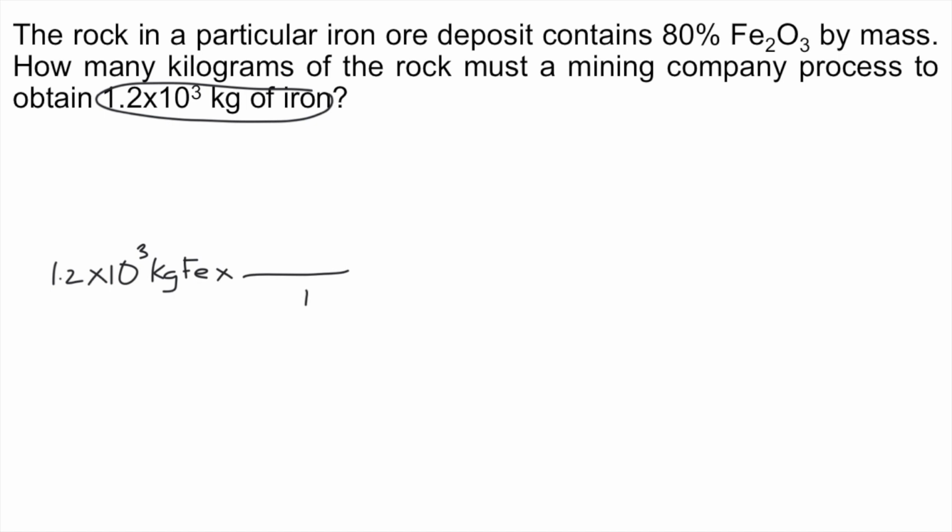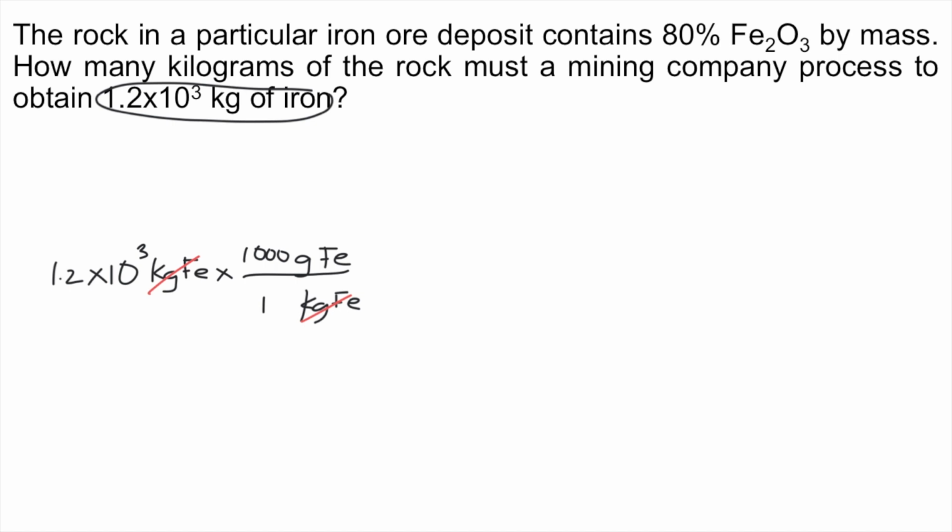So from kilograms of Fe, we convert that to grams of Fe. And we know that for every 1 kilogram, there are 1,000 grams. So as you can see, the kilograms of Fe would cancel out. Now we have grams of Fe.